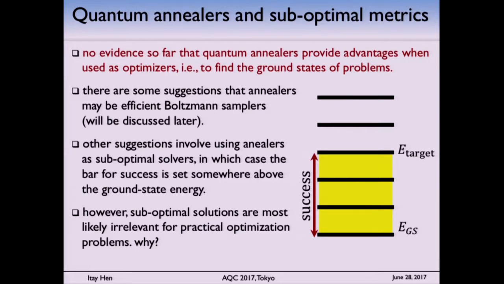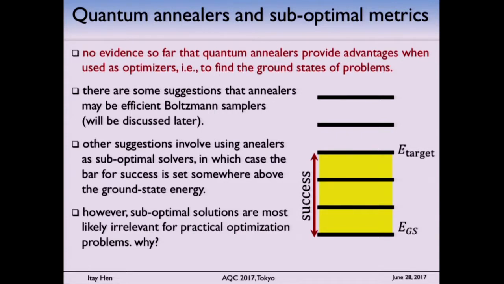Other suggestions were that we could use these quantum annealers as suboptimal configuration finders or solvers, in which case the energy bar that is set for success is quite a bit higher than the ground state energy.